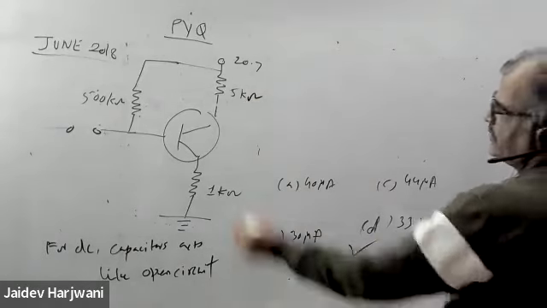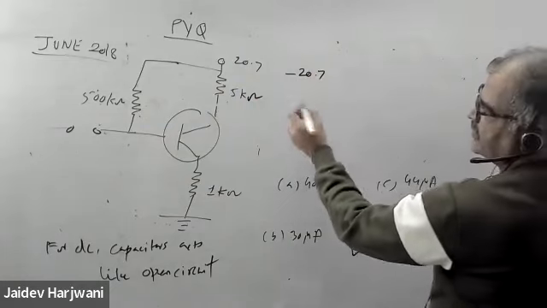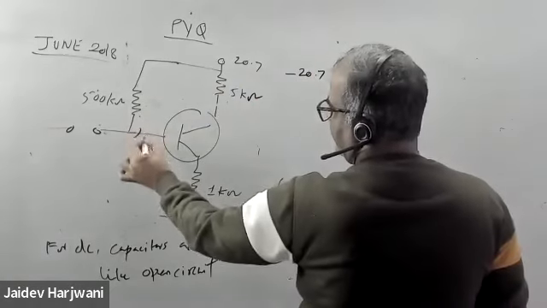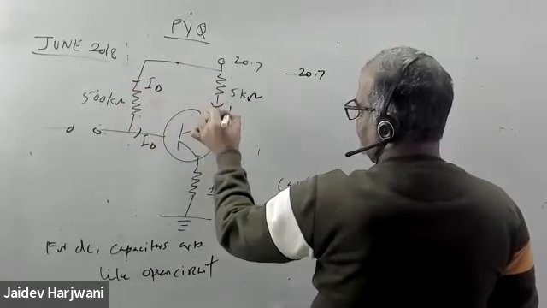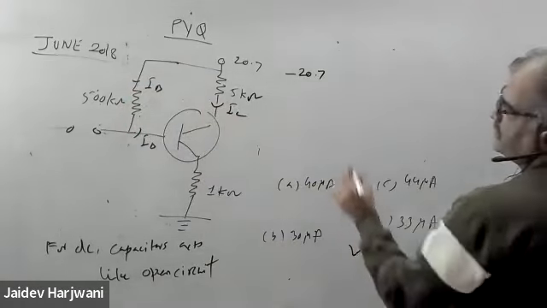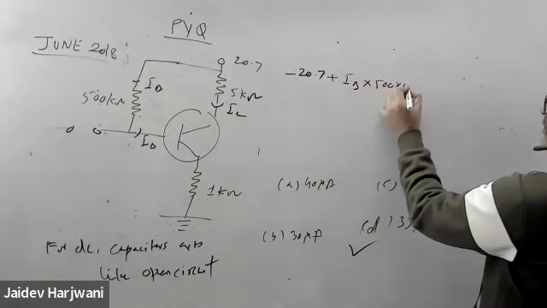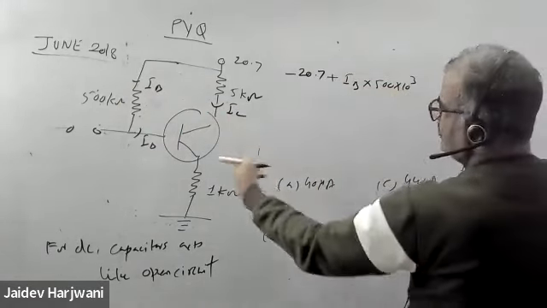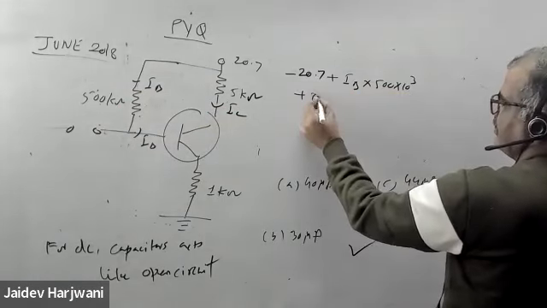So you can simply write minus 20.7. Now this current is IB, and this current is IC. So you can write plus IB into 500 kilo ohm, and then you have VBE, that is 0.7.